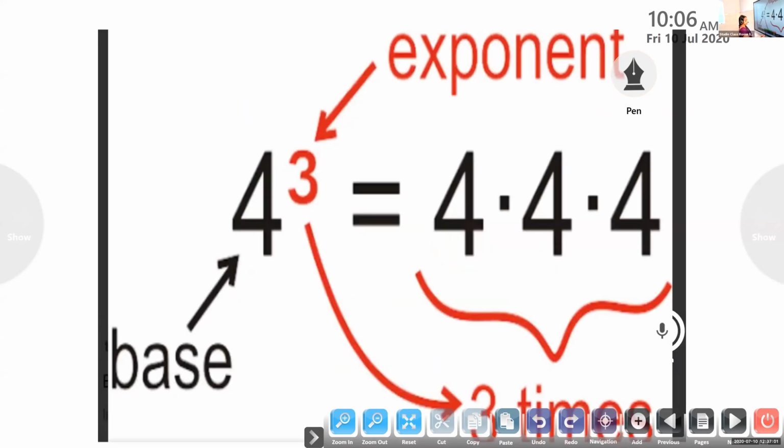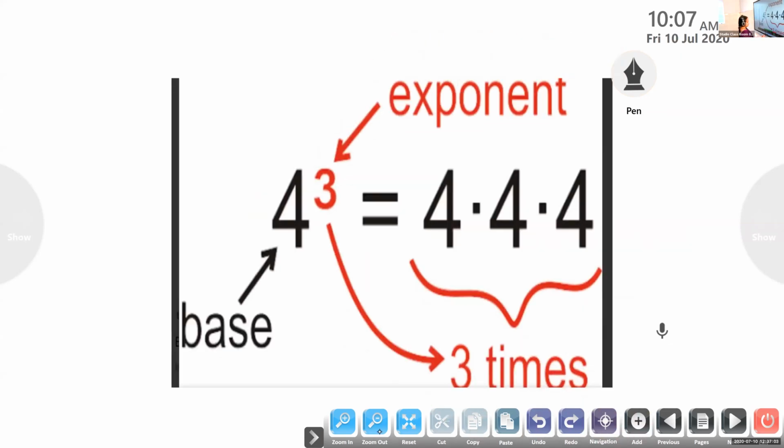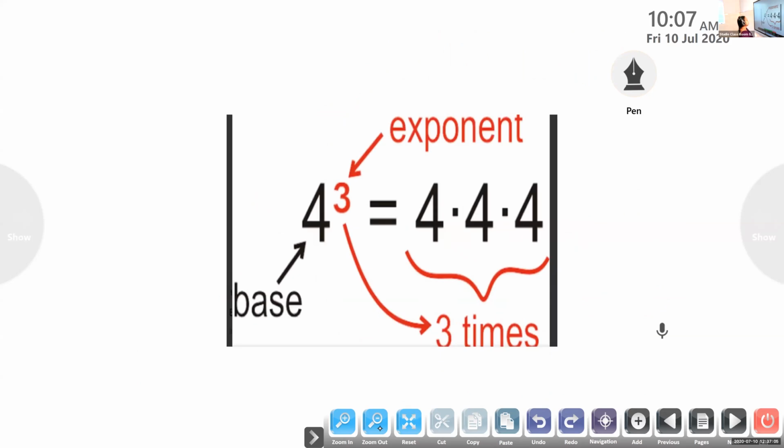Here you can see 4 raised to 3, which means 4 is multiplying 3 times. Here 3 is the exponent and 4 is the base.